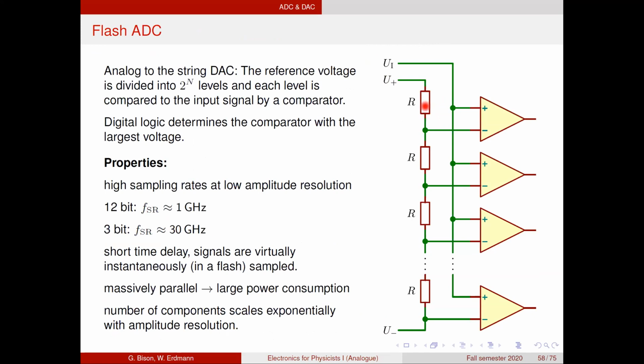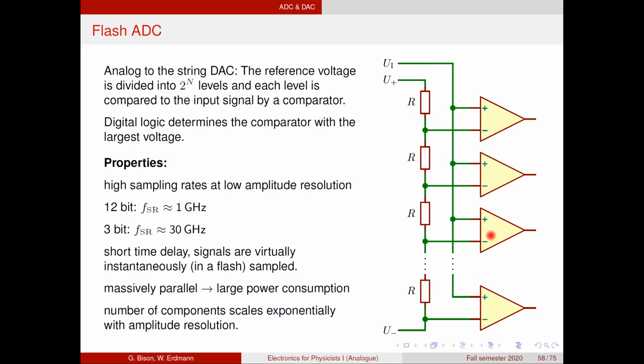And the reference voltage is divided down into n steps by a network of n resistors. And then we simply use comparators, so basically op-amps, that tell us if the voltage that we have on the input here is larger or smaller than the reference voltage that we have generated here.